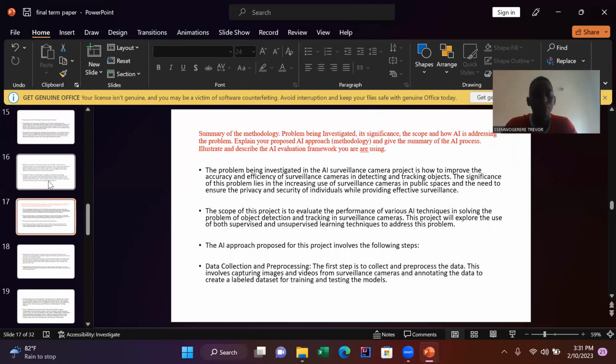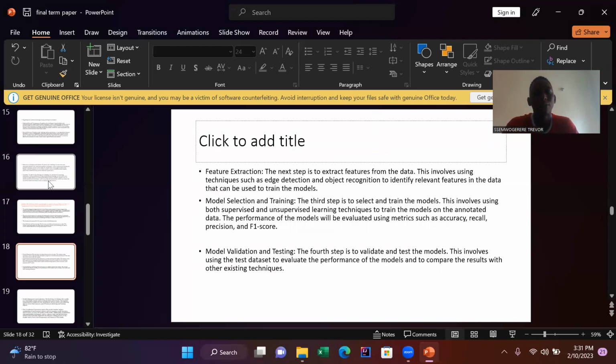The AI approach proposed for this project involves the following steps: data collection and preprocessing. The first step is to collect and process the data. Then feature extraction. The next step is to extract the features from the data. Model selection and training. The third step is to select and train the models.